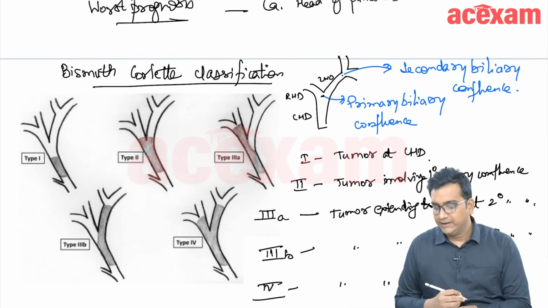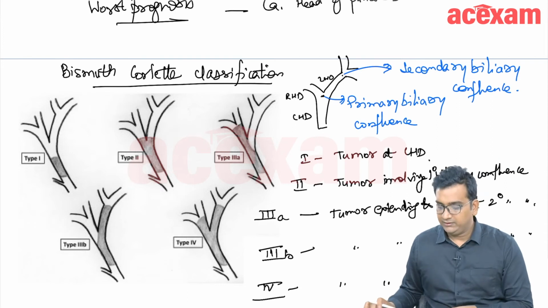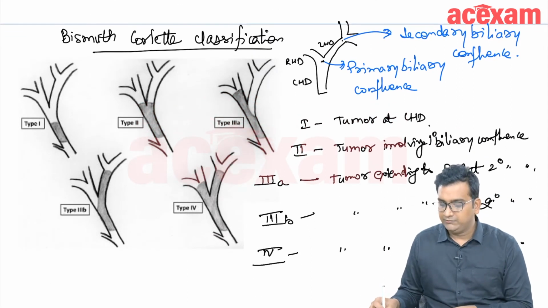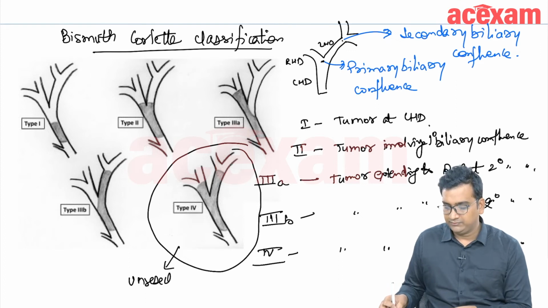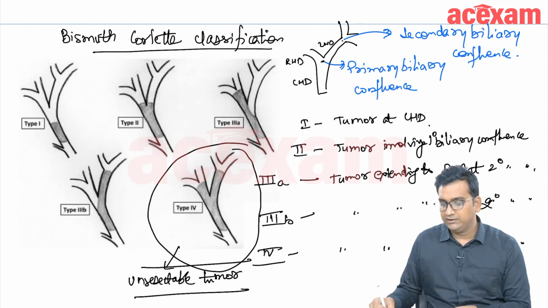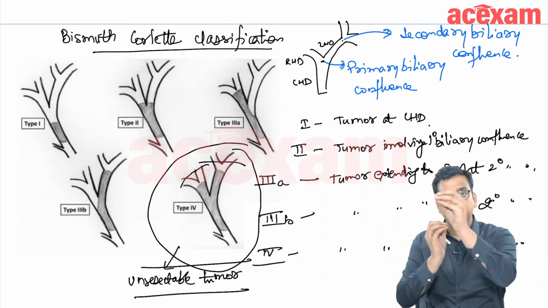Okay, now if there is a tumor extending to both right and left secondary biliary confluences, this is an unresectable tumor. Because to take a margin, we would have to resect and anastomose all the separate bile ducts.